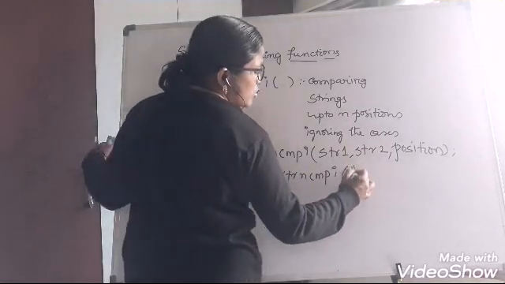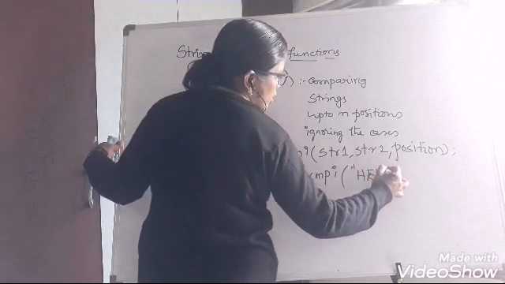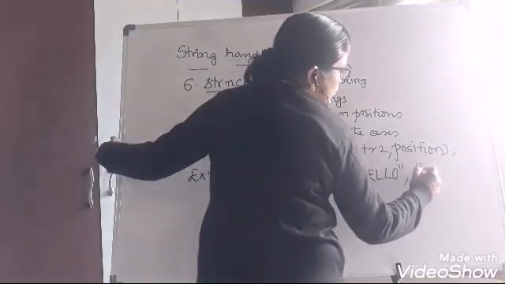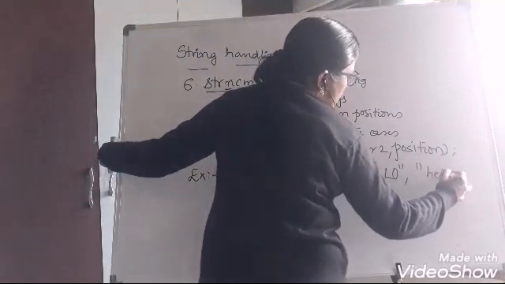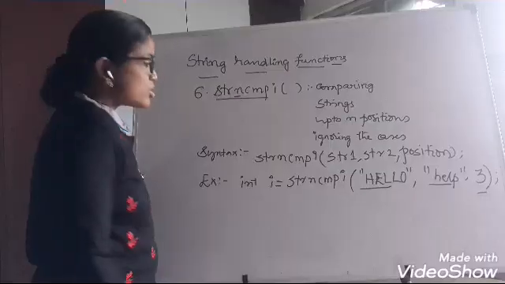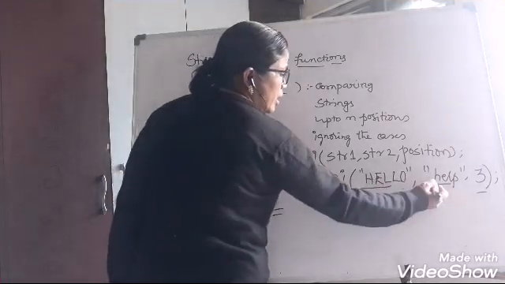Here the first string, if I write it as HELLO, hello, and the second string if I write it as HELP, up to 3. So the result will be HEL and HEL.